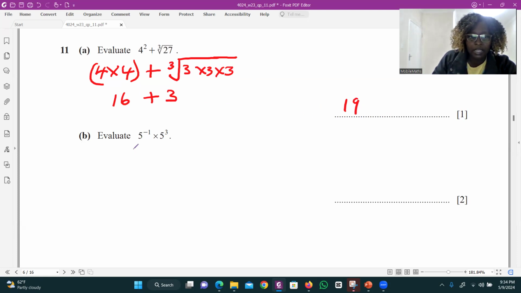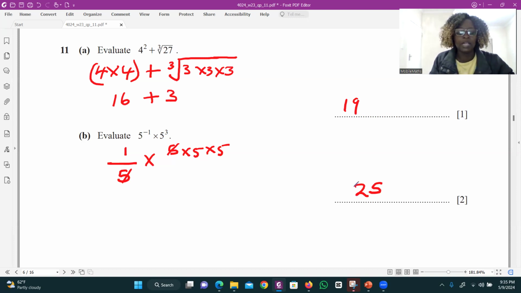Then this one here is saying 5 to the power of minus 1. When a number is to the power of minus 1, it is the same as 1 over 5. Times 5 to the power of 3, there is 5 times 5 times 5. So I can simply cancel one 5 and one 5. I'm remaining with 5 times 5, which gives me 25. So we have 25 as our answer there.